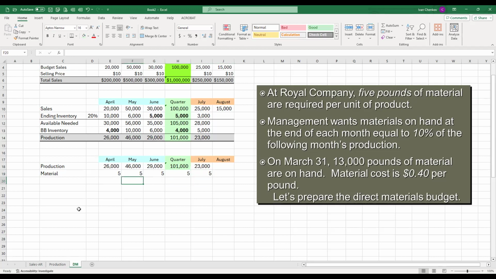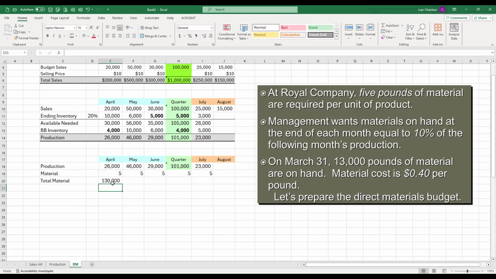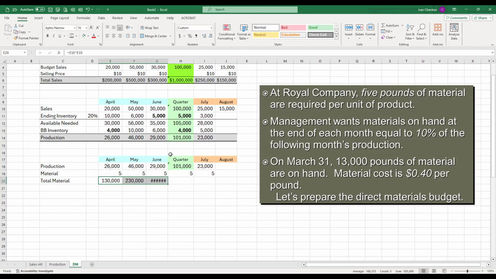So in total, how much total material do I need? Can I calculate it? Yeah, just by multiplying them. That's correct. And I'm going to get my total pounds that I need.